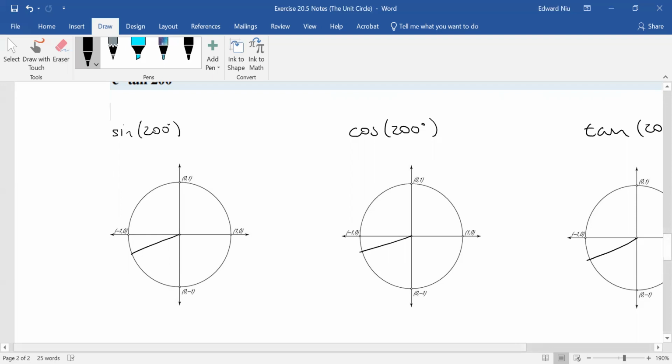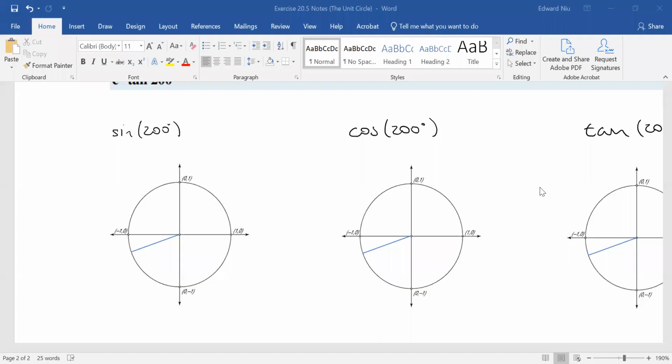Give me a second, guys. It's meant to be three identical. So we know this is 180 degrees, because we always travel this way. That means this here would be 20 degrees, and this over here would be 200 degrees. Same with this, and same with this.